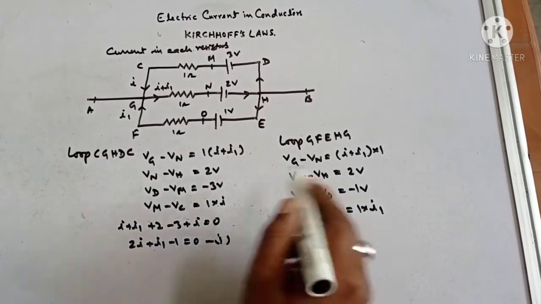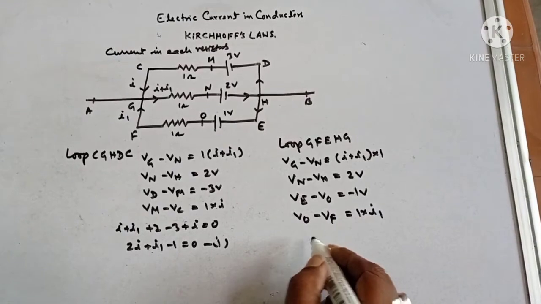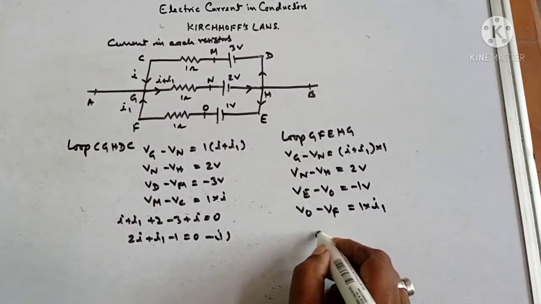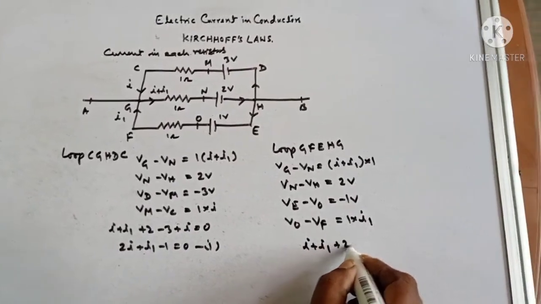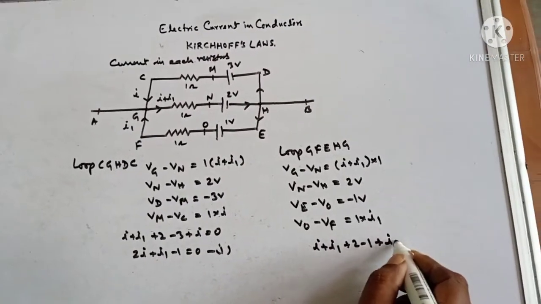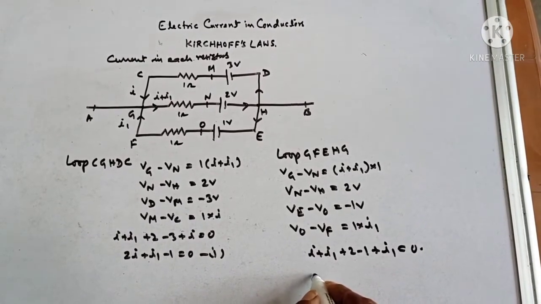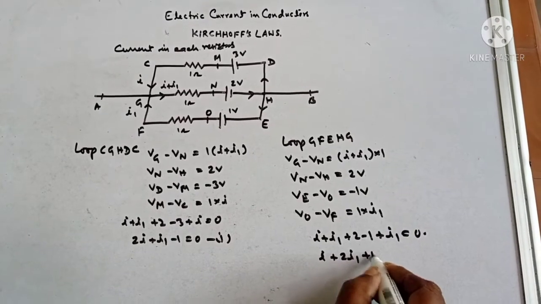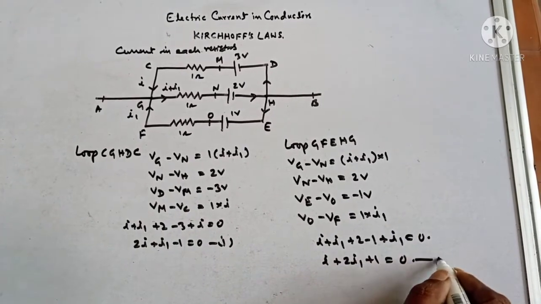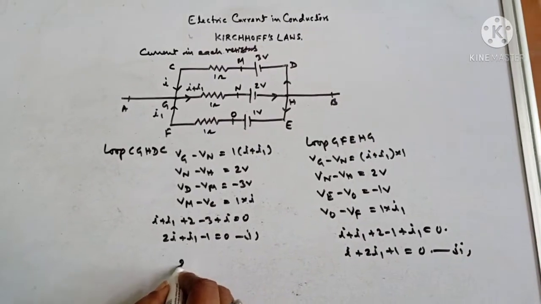Again the total potential drop is 0. So I plus I1 plus 2 minus 1 plus I1 is equal to 0. So here I plus 2I1 plus 1 equal to 0. This is equation 2.